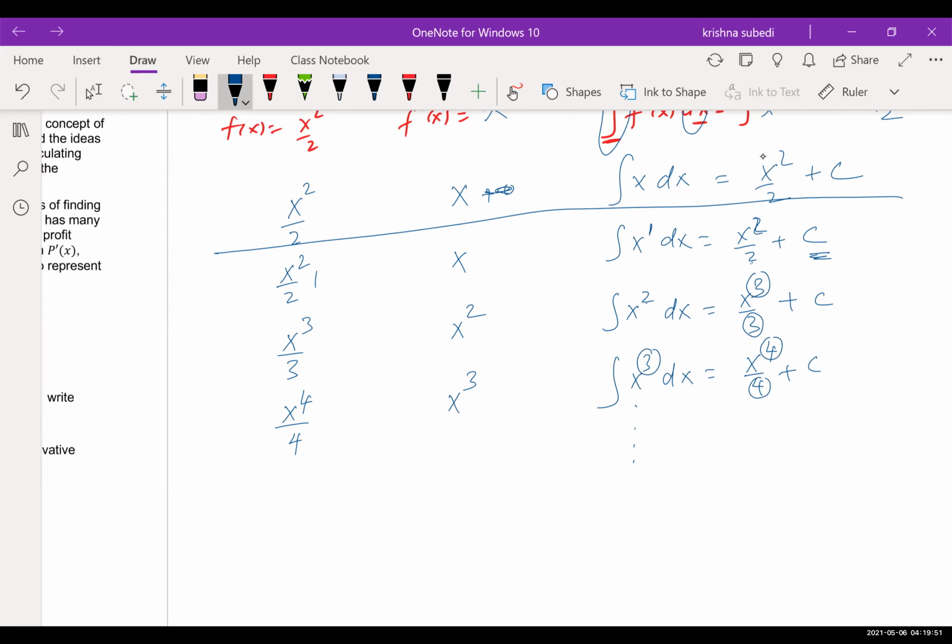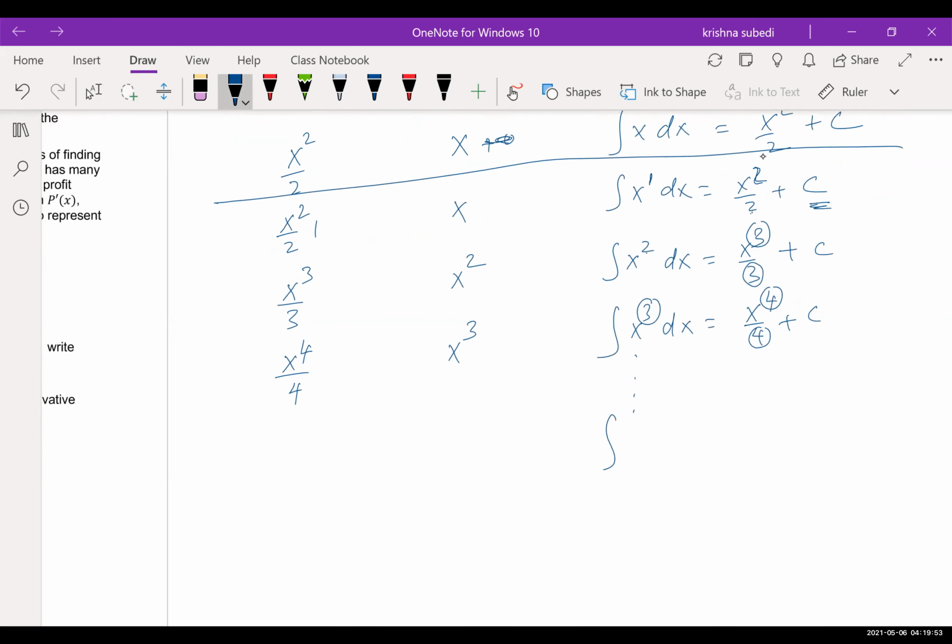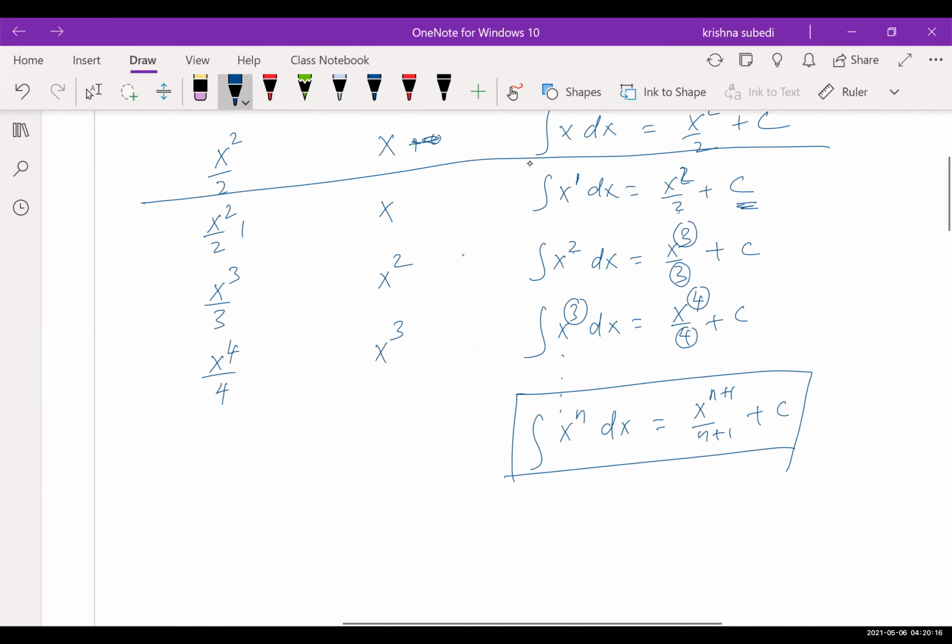If I continue doing that, and I have my function as x to the n, then what is the answer for that? x to the n plus 1 divided by n plus 1. Excellent. So this is x to the n plus 1 divided by n plus 1, plus C. And this is called the power rule. This is a really powerful rule. This is rule number 1. We call it the power rule.